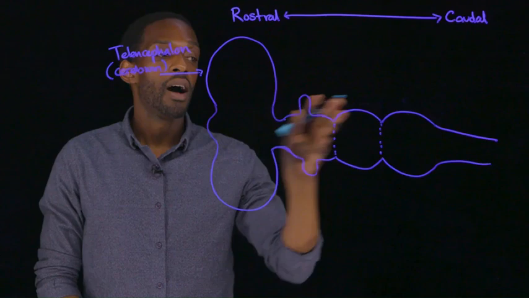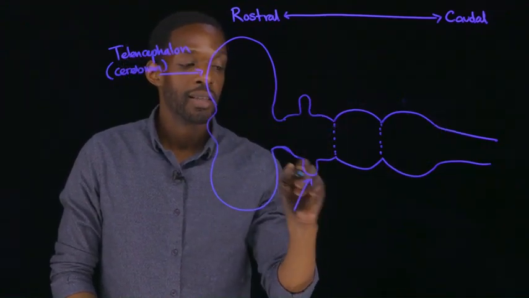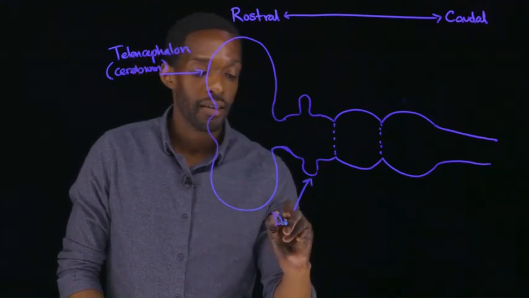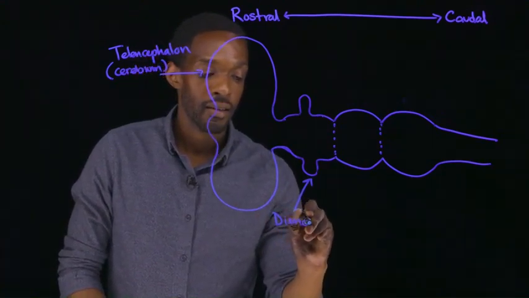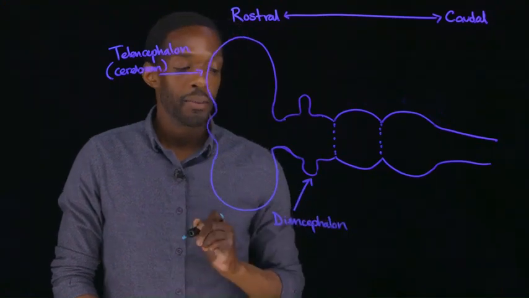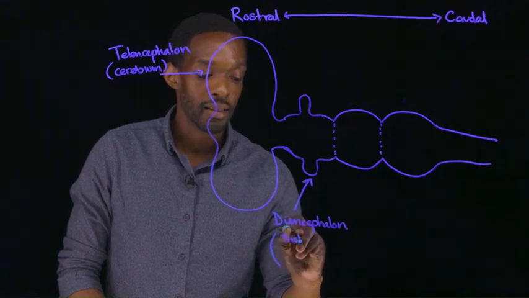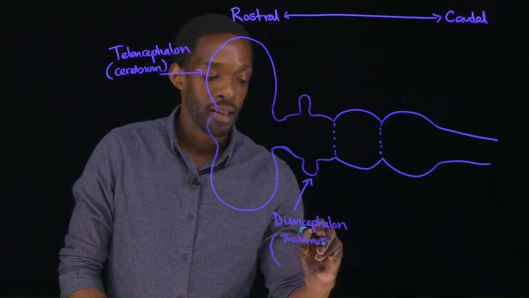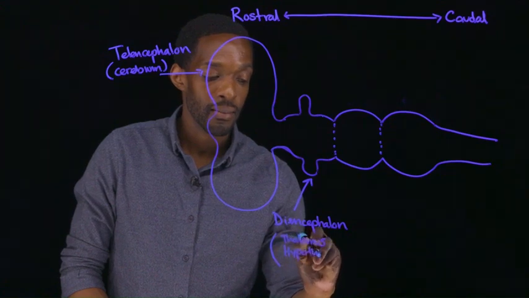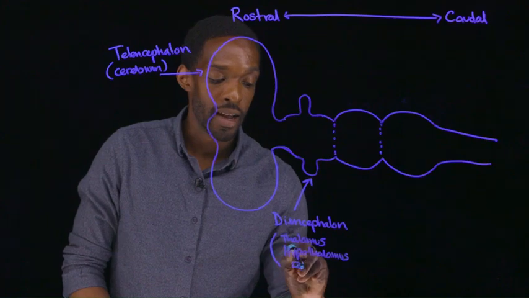As we move in a caudal direction, the next structure that you would encounter is also a subdivision of the prosencephalon. This is the diencephalon. And it will give rise to several structures, including the thalamus, the hypothalamus, and also the retina.